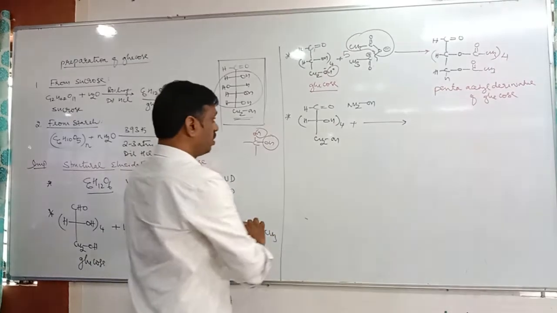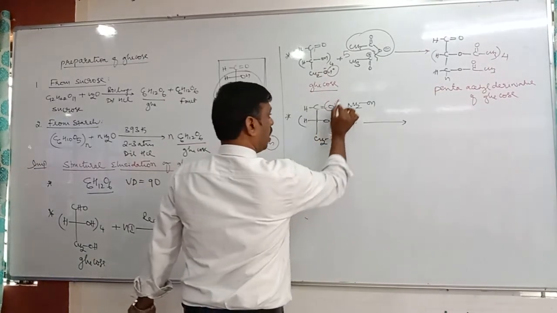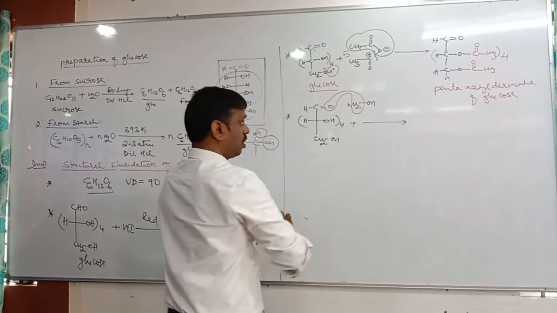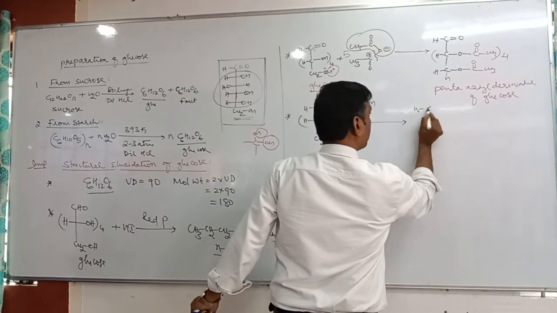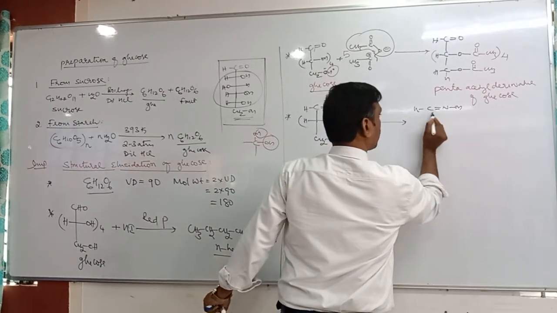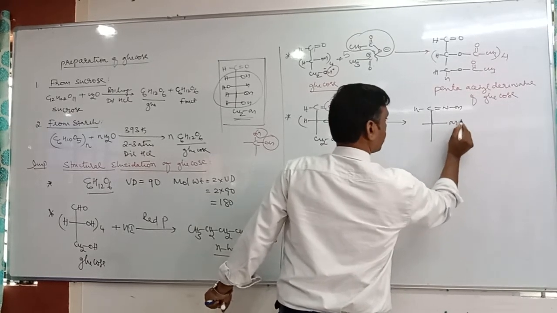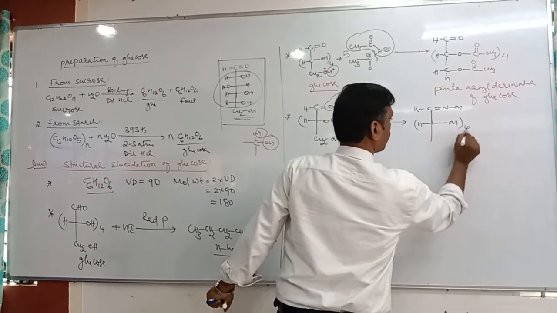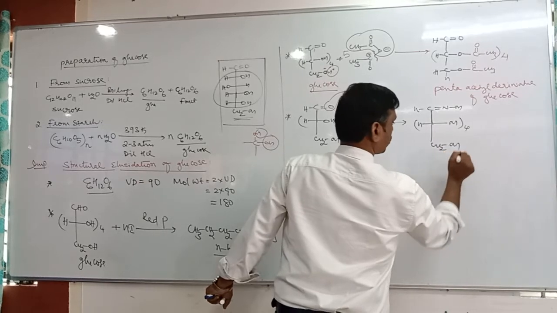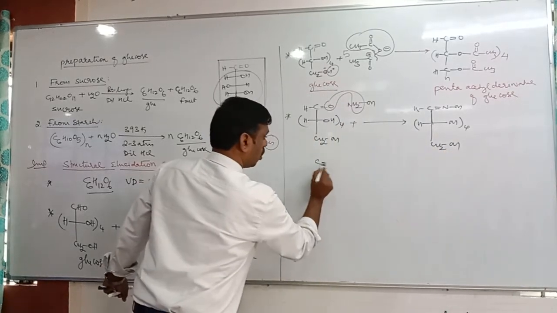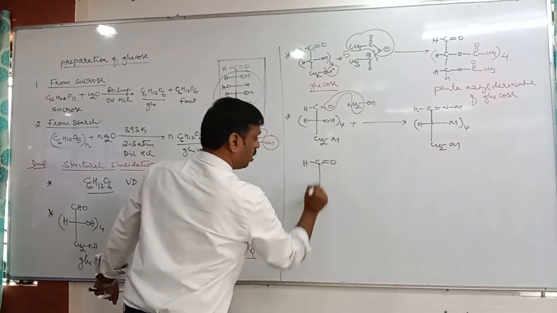Therefore, this aldehyde group and NH2OH eliminate water and form oxime. Glucose forms glucose oxime, right? This is the same, with 4 CH2OH.